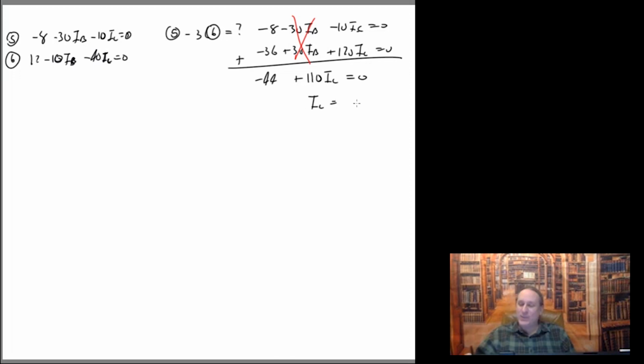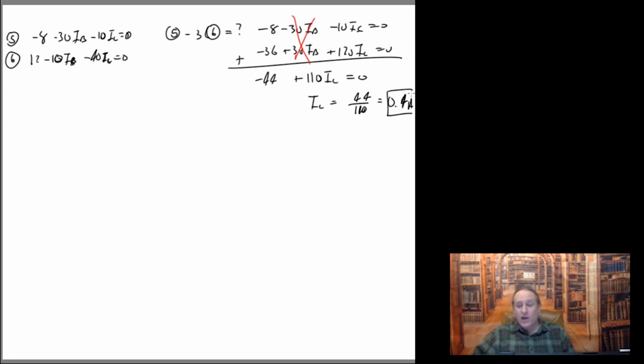So IC is equal to 44 over 110, which is, it's not really worth keeping these fractions around because it gets very hard to get common denominators between all of them in general, unless we picked really nice numbers. So that's 0.4 amps for IC.